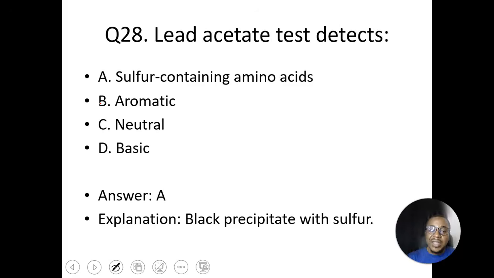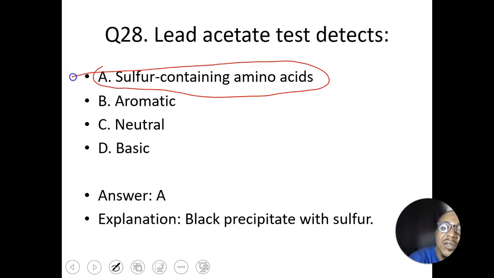You have the lead acetate test, which is for sulfur-containing amino acids. Sulfur-containing amino acids give a black precipitate with lead.